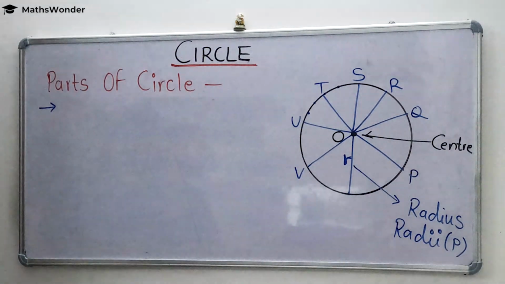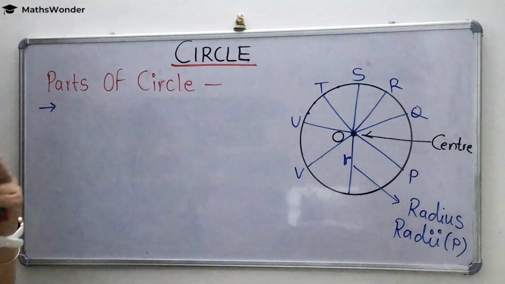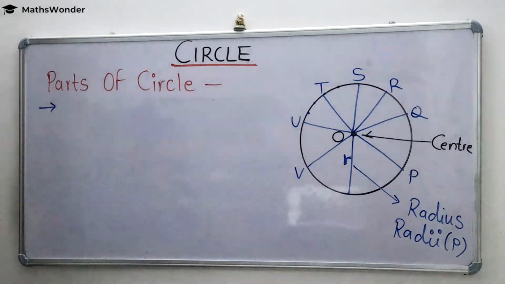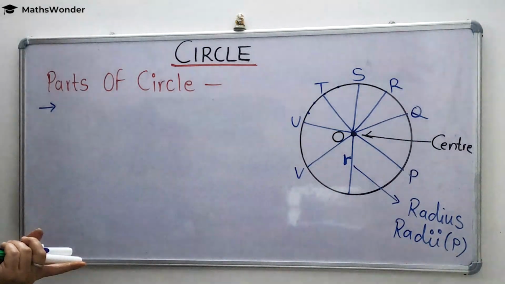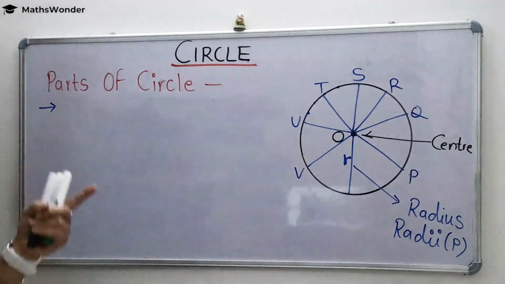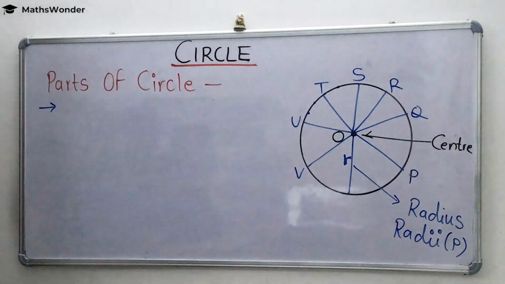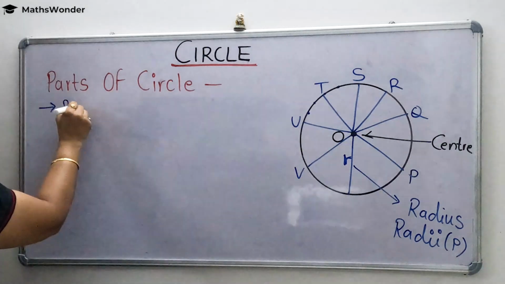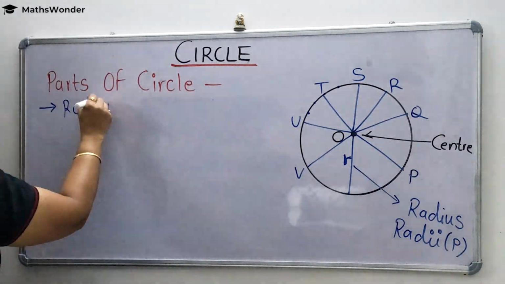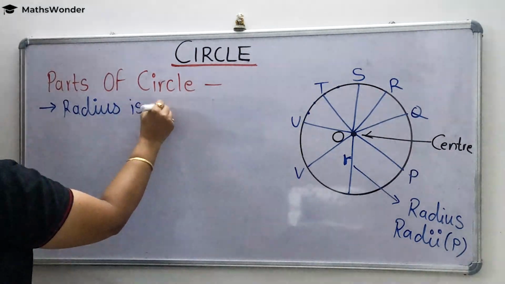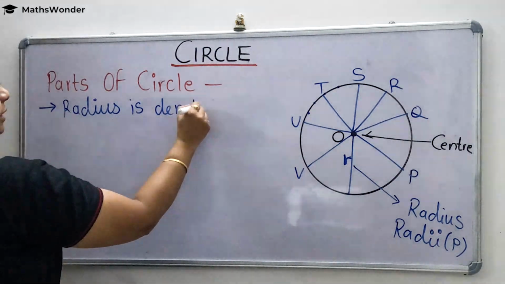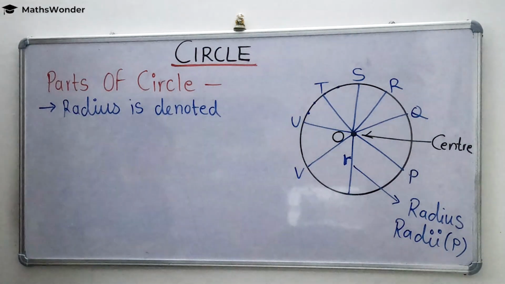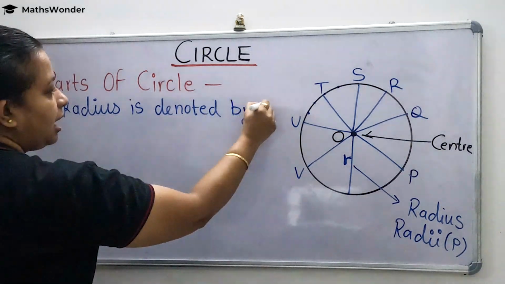Sometimes when we have two circles at one time, we take the small circle and represent its radius with a small r, and the big circle's radius we represent with a capital R. So write down, radius is denoted by R.